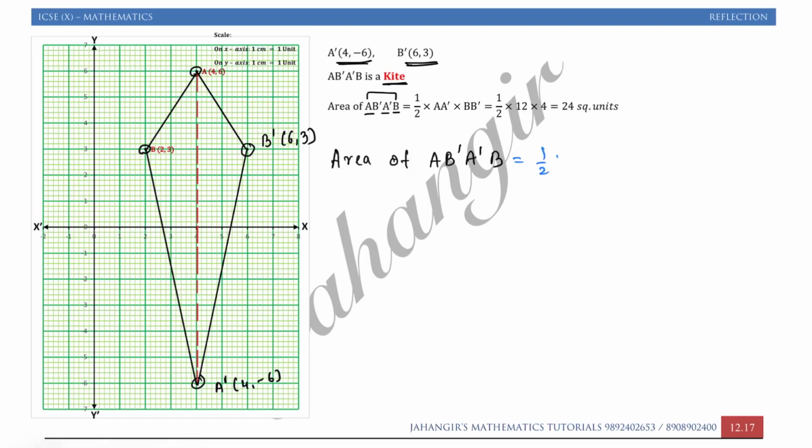So half into D1, 12, and next is from 2 to 6, so the gap is 4 units. Half into 12 into 4 is 24 square units. Just label x-axis, x', y-axis, y', scale, everything should be written. If scale is mentioned, you have to strictly follow the scale, otherwise you can take 1 centimeter equal to 1 unit.